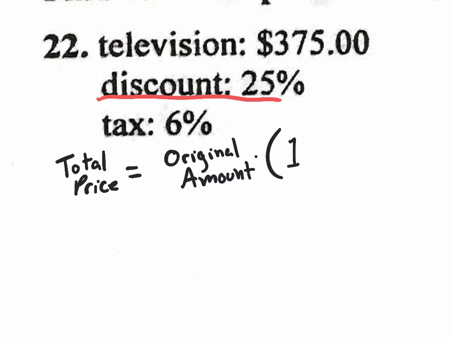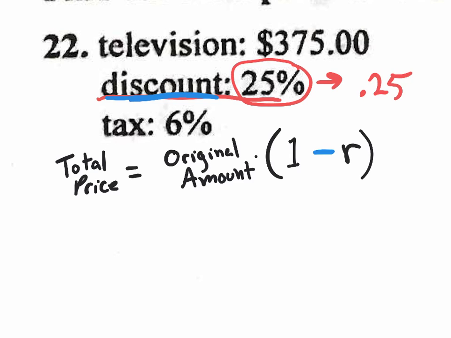Decrease, which means that it has to be a 1 minus because it's discount. The discount, the decrease makes it a minus. And what belongs right here is the R. Now, R is the percent, but written as a decimal. So we're talking about 25%, but you want to write it as a decimal. What's it going to be as a decimal?